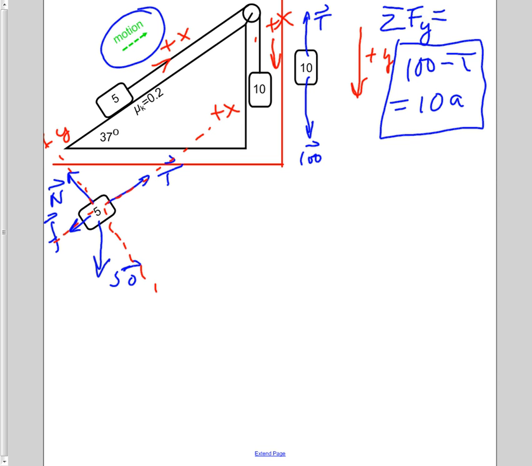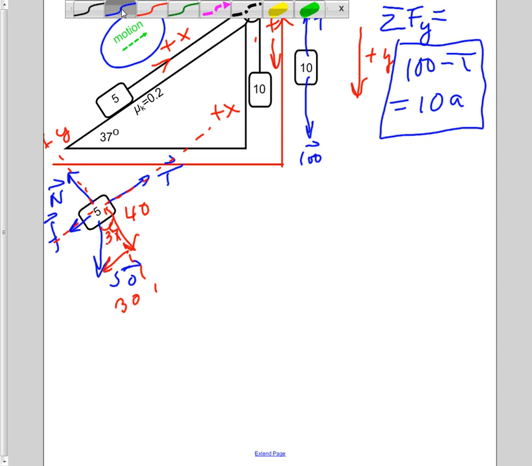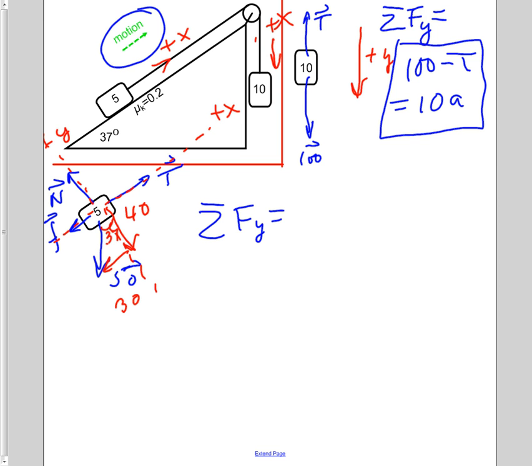Okay. Resolve all your forces. Well, three of them are already resolved, but we've got this guy, and I will leave it to the student to convince yourselves that this is 37 here, which makes this 40 and this 30. So now the sum of the forces in the y direction: this guy is in equilibrium.